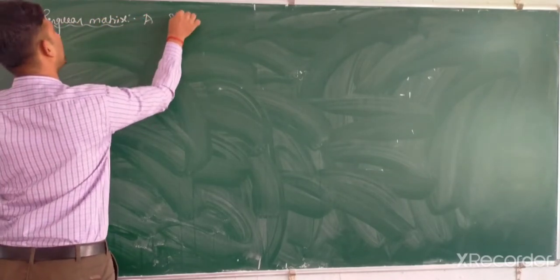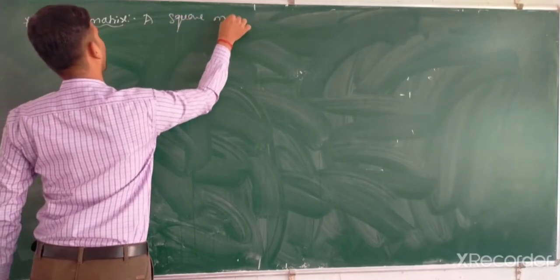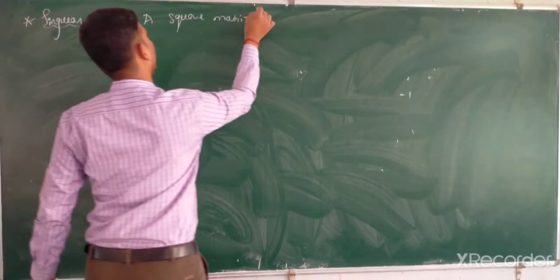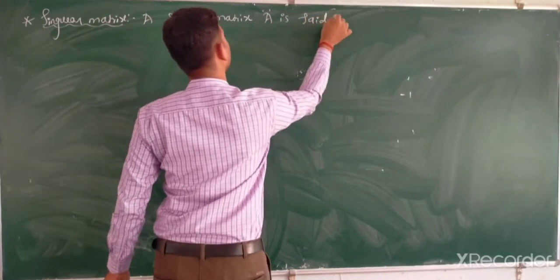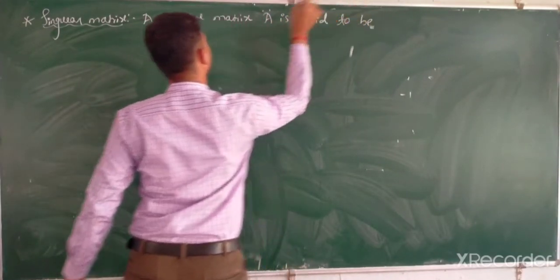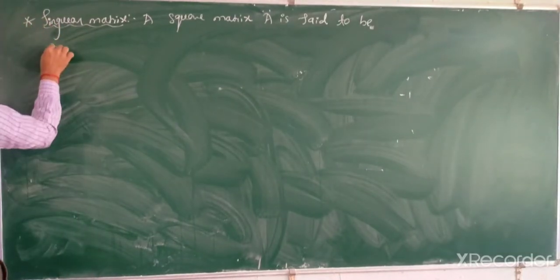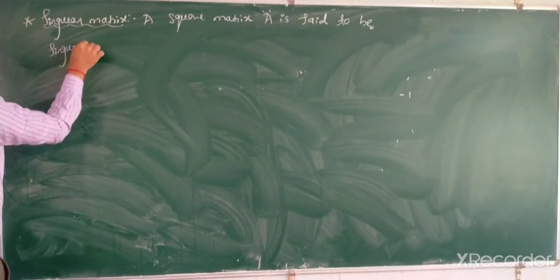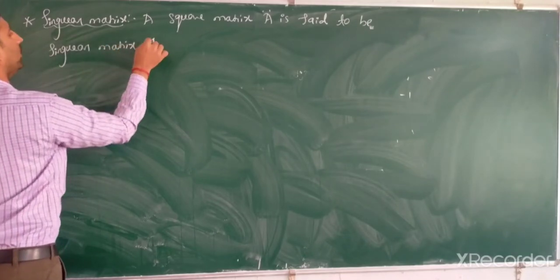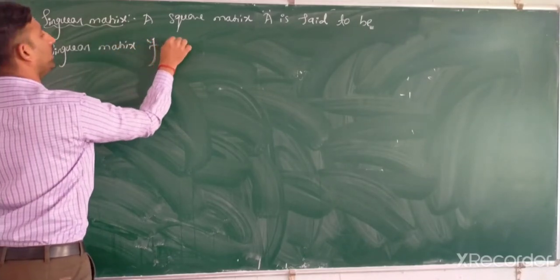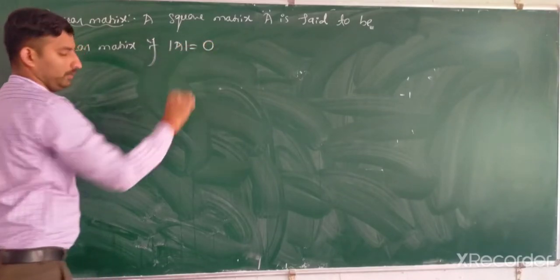A square matrix capital A is said to be a singular matrix if determinant of A is equal to 0.